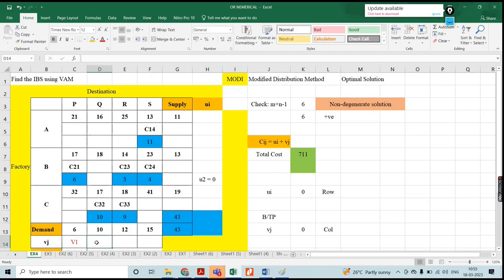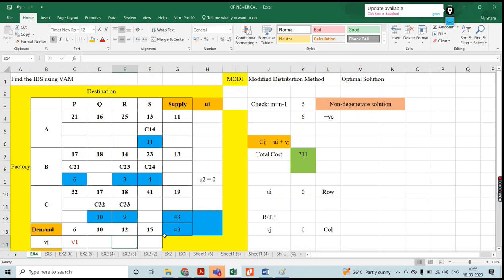Can I get it or not? Possibility is there because Cij equal to Ui plus Vj. Corresponding to this, only C21, because this cost I am going to use, then I will get the V1. Then corresponding to the second allocation, C23, I will get this one.